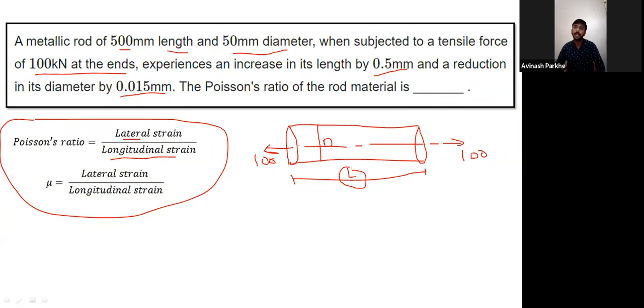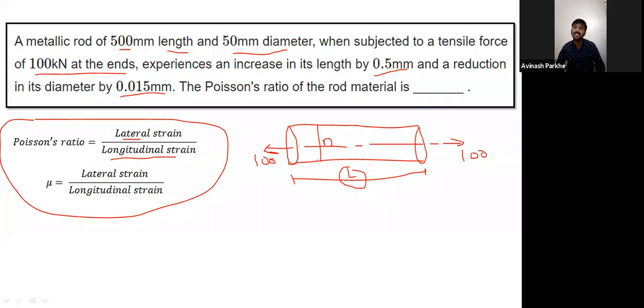But now here, whatever the linear strain is developed, that strain will be developed in the direction of force, meaning it will be developed in the direction of length. So whatever the strain is induced in the direction of length will be considered a linear strain, and whatever the strain is induced in the other direction, in the direction of diameter, is the lateral strain.